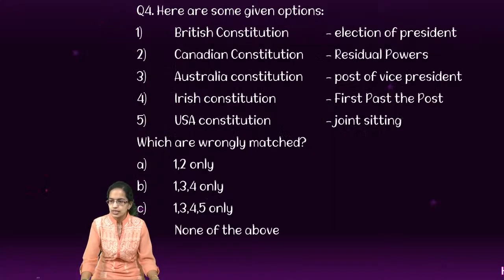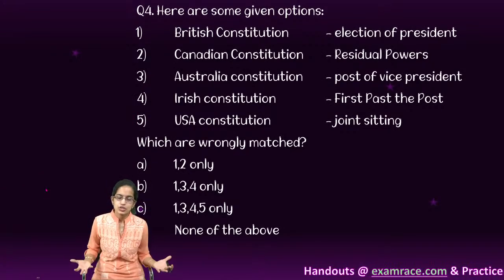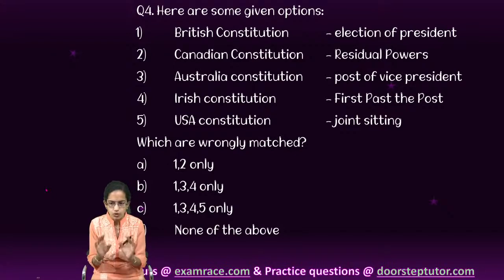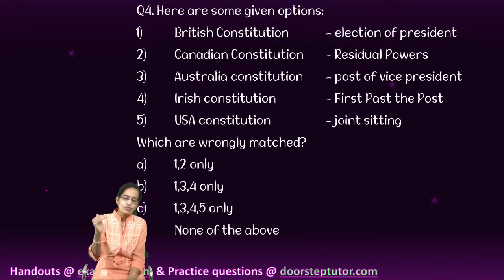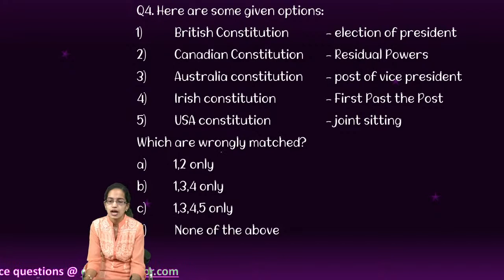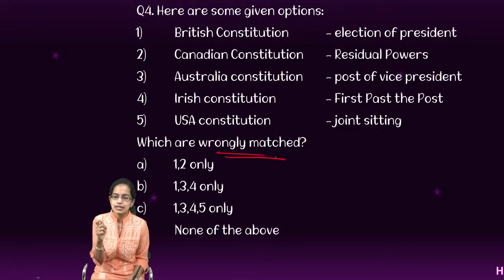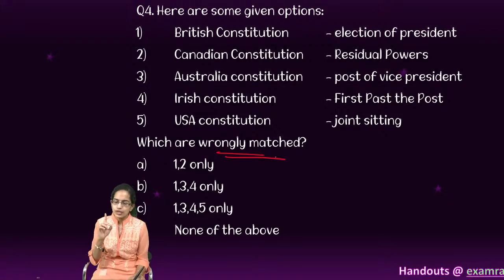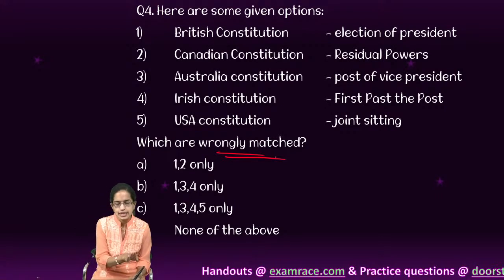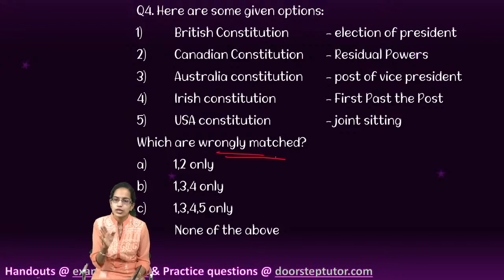Now the next question here is a very direct question. Our Constitution is, I would say, an amalgamation of ideas from various different constitutions. So you have to identify which are correctly matched and which of the following are wrongly matched. There would be a few correctly matched and a few incorrectly matched, and you have to identify the right matching for each of those.